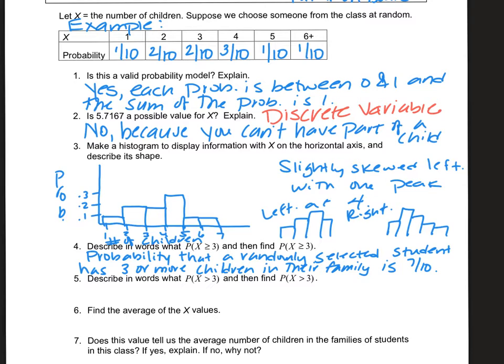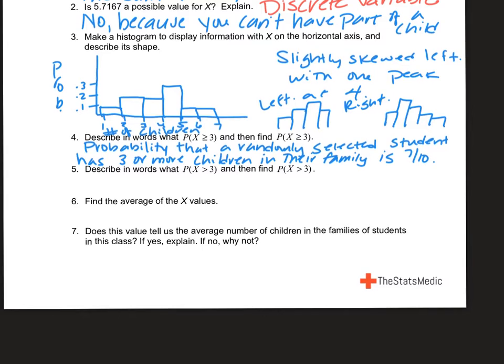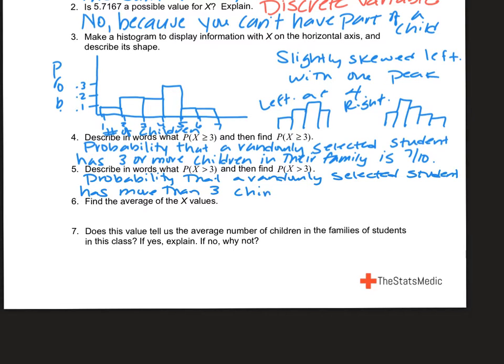5 says, describe in words what probability X greater than 3 is, and then find the probability that X is greater than 3. So here, oops, that would be the probability that a randomly selected student has more than 3 children in their family.